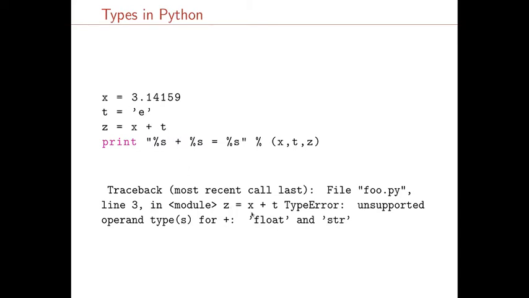So for Python, x here is a variable of type float, a floating point number, and t is a variable of type string. So it's a character array of length 1. And when we attempt to use the operation plus on x on the one hand and t on the other hand, Python throws an error and refuses to compute this result.